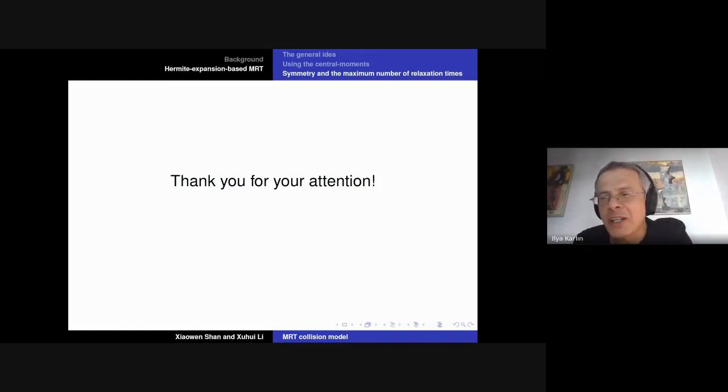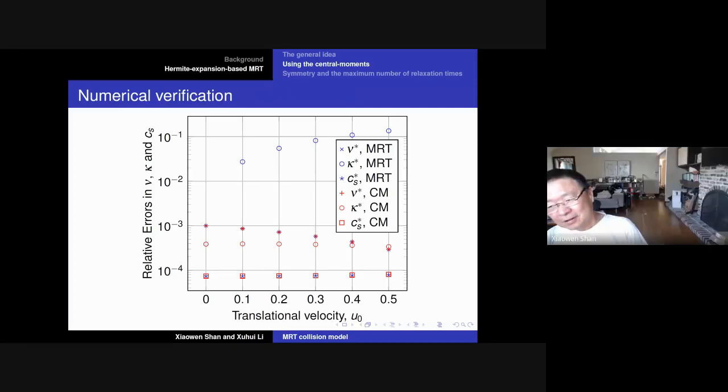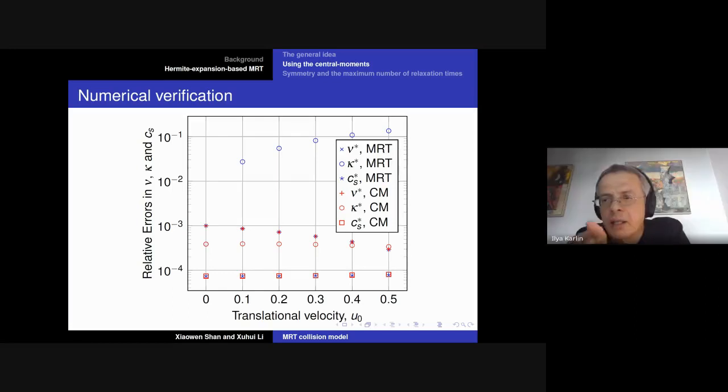So my second question is, in the plot you were showing, this measurement of what you call the Galilean invariants. What was the number of speeds you're using? Is it number 90? The number of velocities. So this one in 3D we used 103. 103.